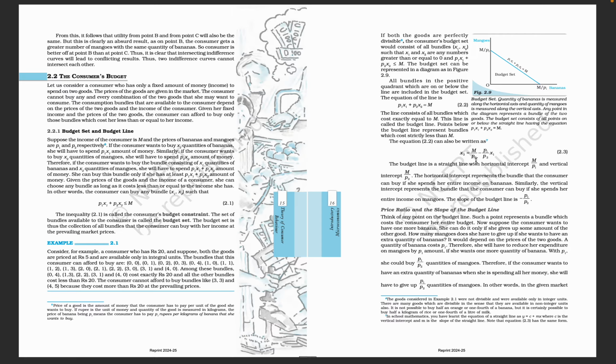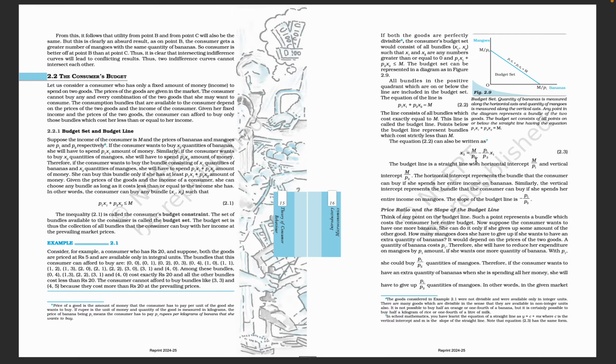Suppose the income of the consumer is M, and the prices of bananas and mangoes are P1 and P2 respectively. If the consumer wants to buy X1 quantities of bananas, she will have to spend P1X1 amount of money. Similarly, if the consumer wants to buy X2 quantities of mangoes, she will have to spend P2X2 amount of money.